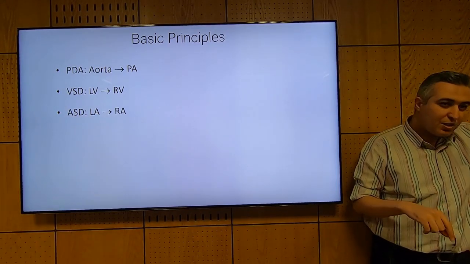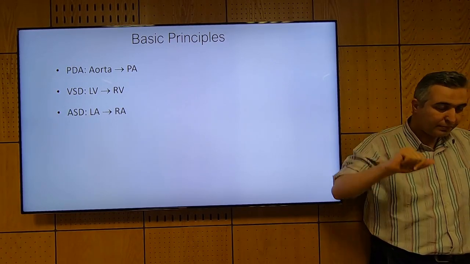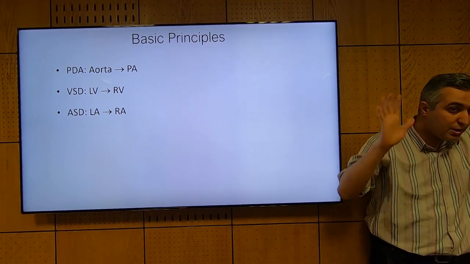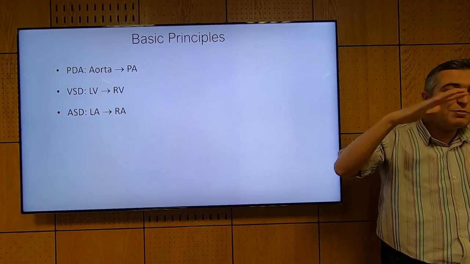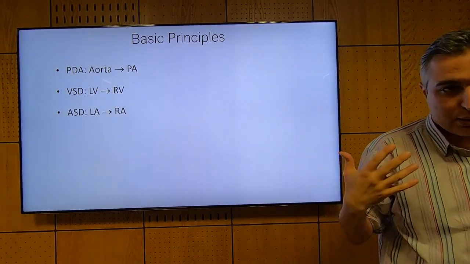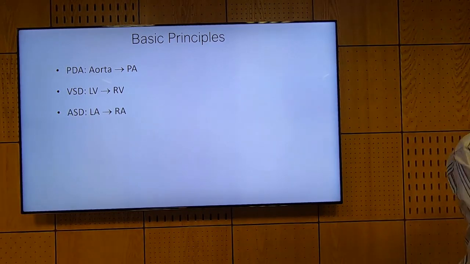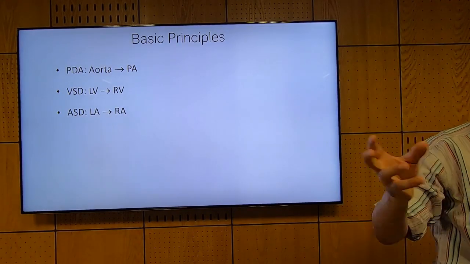The systemic vascular resistance is higher than the pulmonary vascular resistance. Do you agree? So the pressure in the aorta is higher than the pressure in the pulmonary artery. But this cannot be translated directly into the atrium because in systole, the left ventricle pumps the blood into the aorta at high pressure, while the RV is much lower.